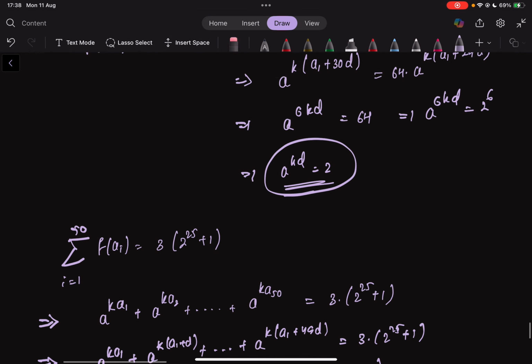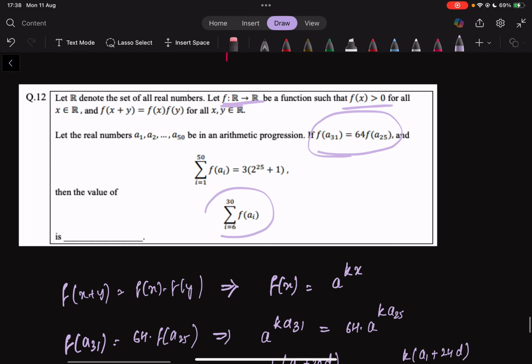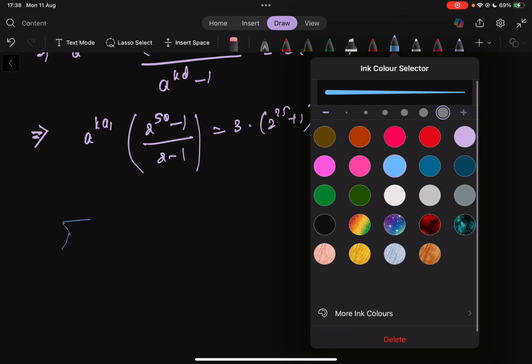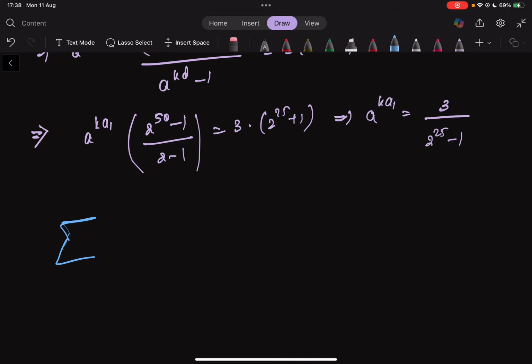Now we are asked to find the summation i equals 6 to 30 of f of ai. That will just be a to the power k a6 plus a to the power k a7 plus and so on up to a to the power k a30.